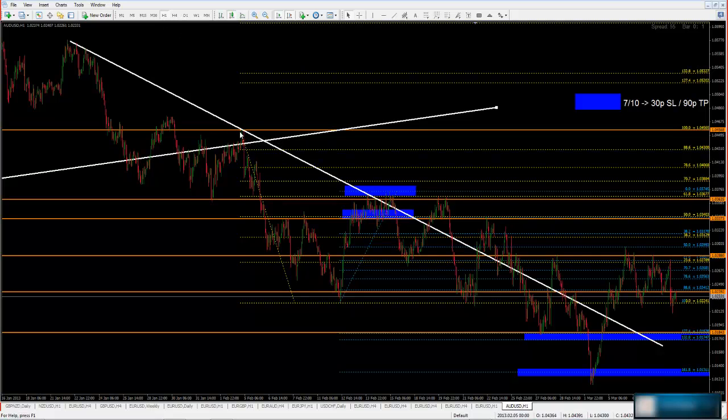On the 4-hour chart we didn't, because here was a retracement, adjusted here, in a few days, and then we had to wait another 2 or 3 days for these pending orders to be triggered at 50 and 61.8. But on the 1-hour chart you would have had this opportunity.